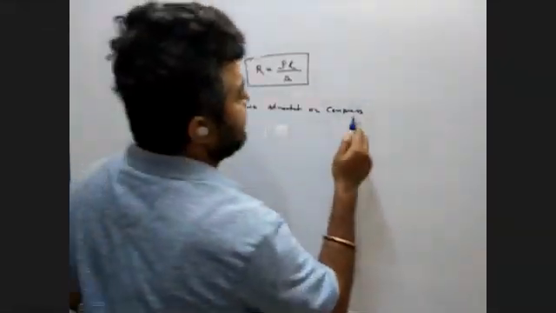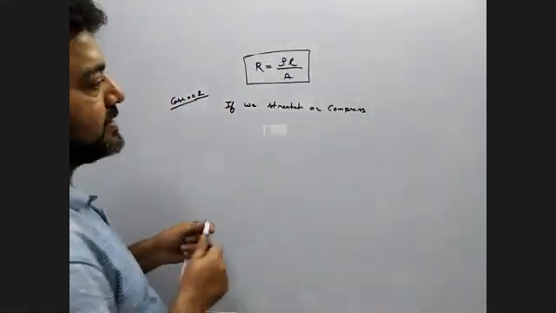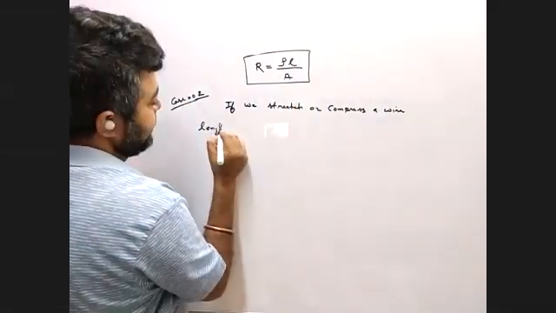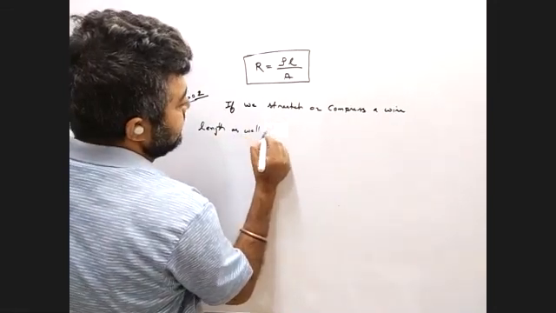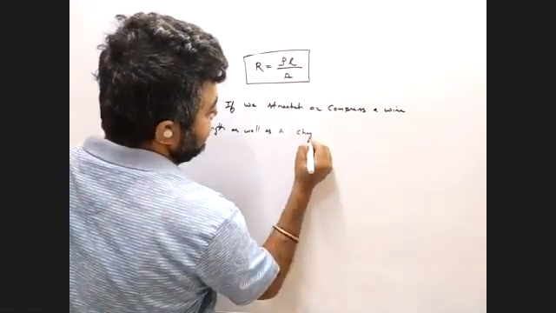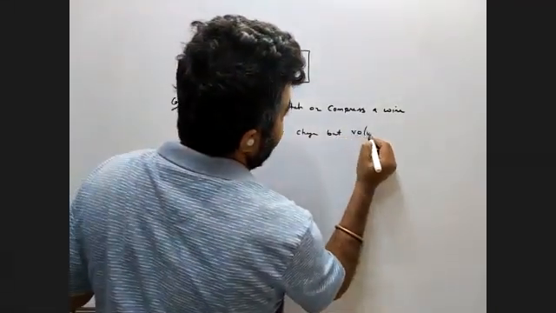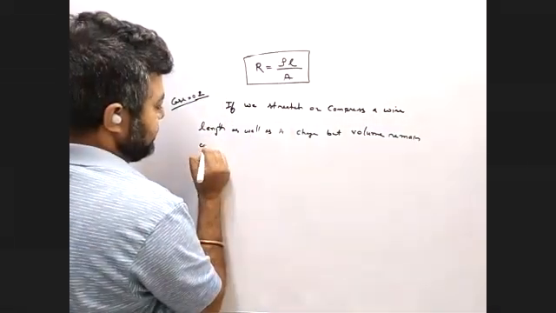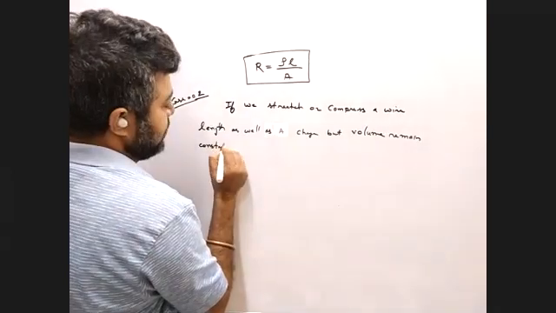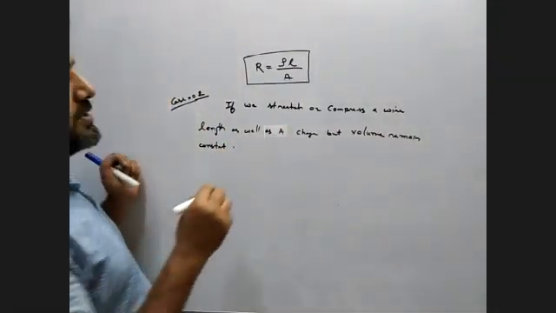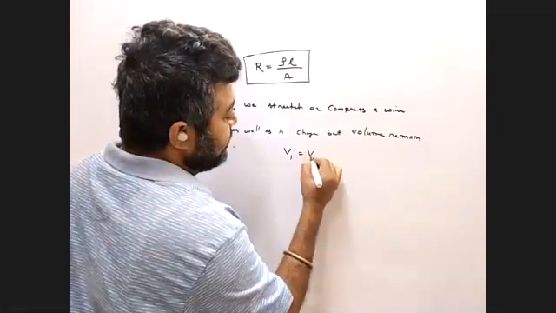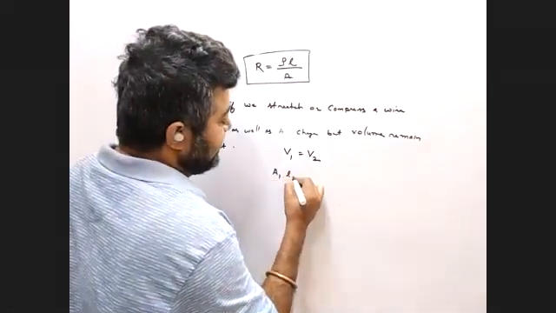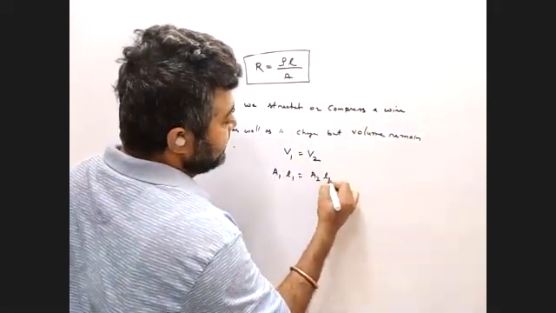So if we stretch or compress a wire, length as well as area change, but volume remains constant. As the volume remains constant, volume before and volume after, V1 and V2, that is area times length.